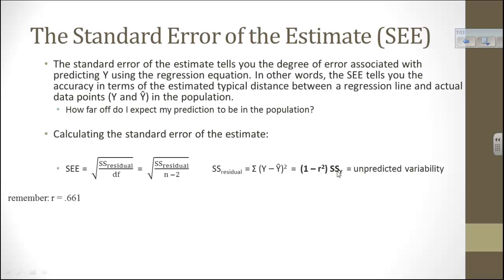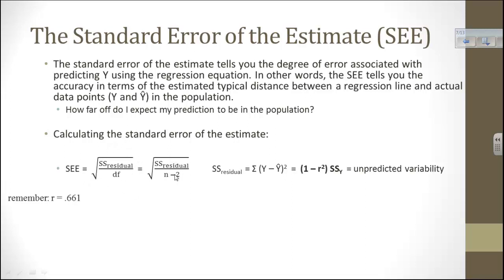And then you multiply that by the variability of y. So how much of the variability of y is not predicted by the relationship between x and y, multiplied by the variability of y, and you're left with the unpredicted variability. Then you plug that into your standard error of the estimate formula, and it gives you kind of an average unpredicted variability among all of the values in your data set.